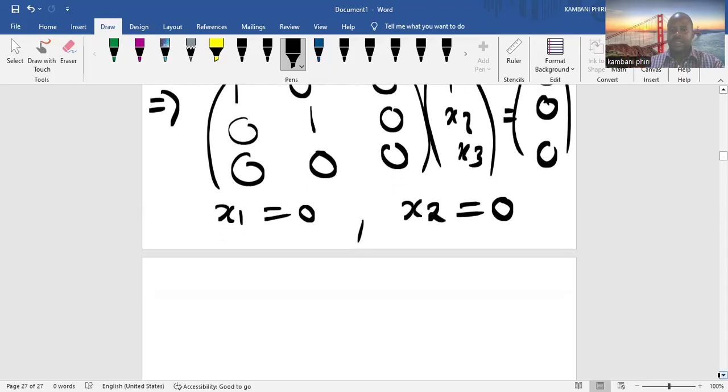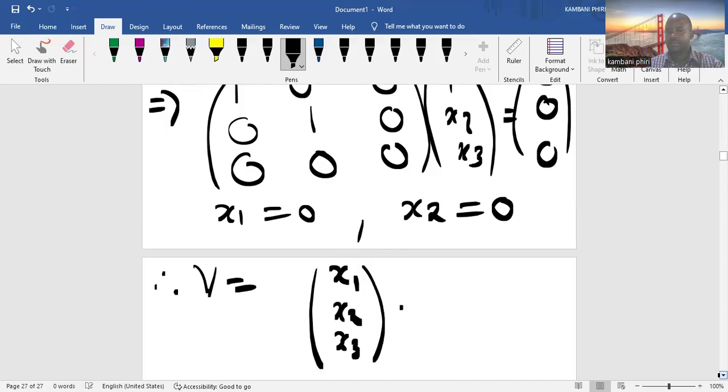Therefore, our eigenvector should be given in this form: x1, x2, x3. So x1 is 0, x2 is 0, then we have our x3 here.